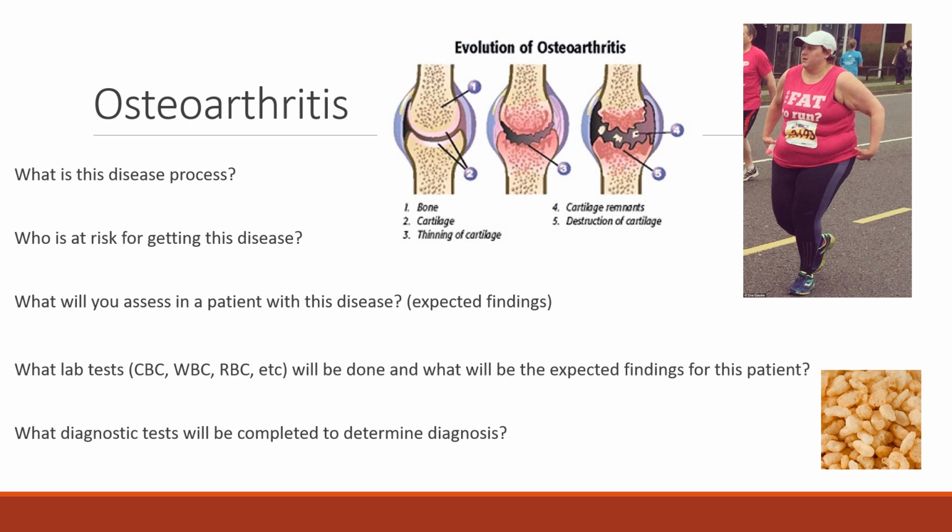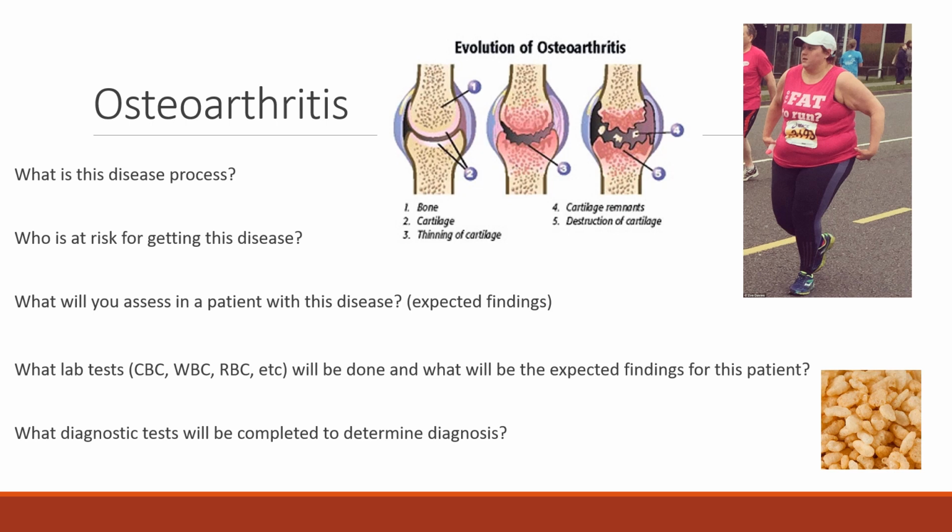This patient is going to have a lot of problems when this occurs, right? If you look at this picture, you see these tiny little bone spurs? Imagine moving your elbow and having little tiny bone spurs in there. That's not what you want to feel when you bend that joint, okay?